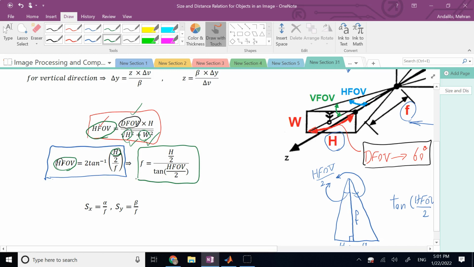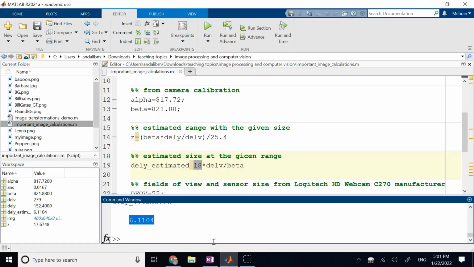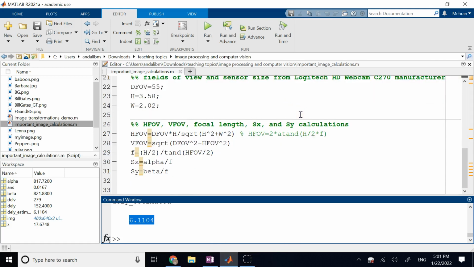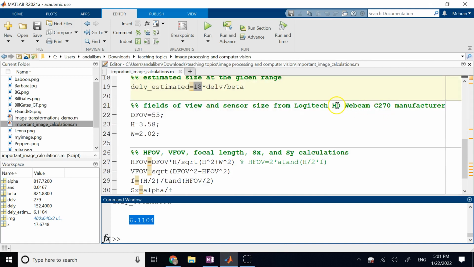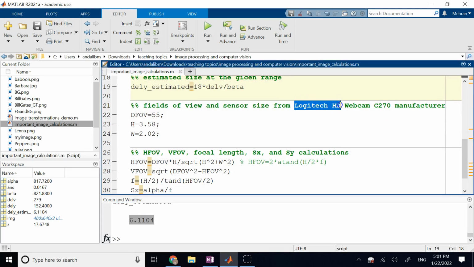Because focal length is most of the time not directly given to you, even by a manufacturer. They don't typically directly give you the focal length. For example, for this camera, which is a Logitech HD webcam C270, that's the webcam I used.